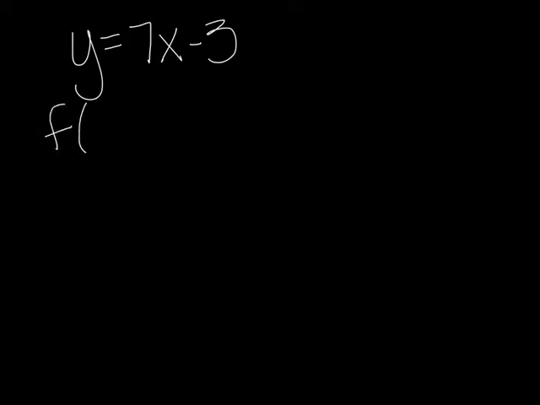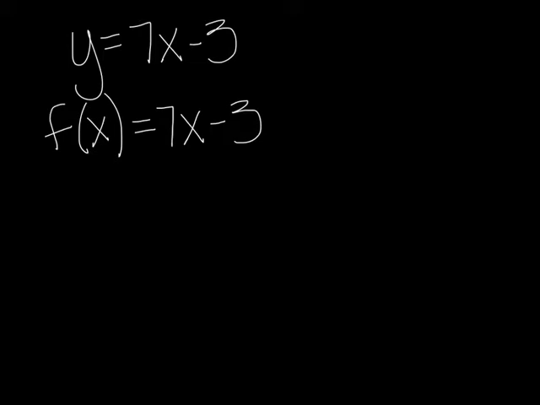When we're evaluating functions, we often use a new type of notation called function notation. Instead of having something like y equals 7x minus 3, we'll replace y with something that looks like this: f of x.